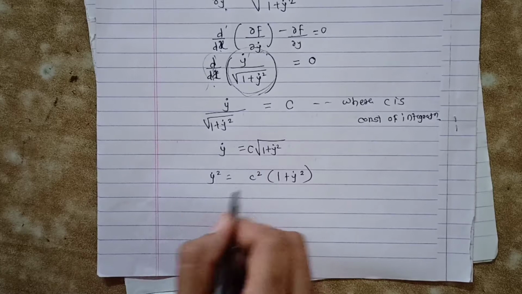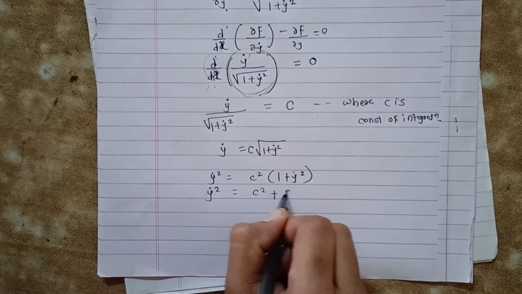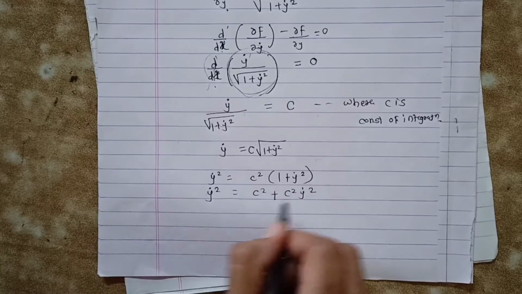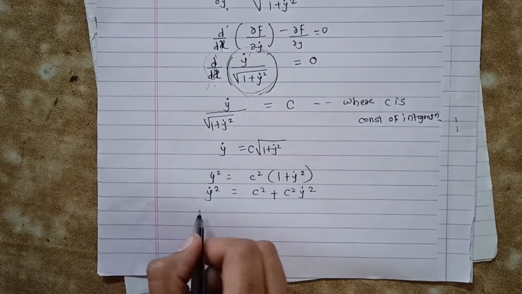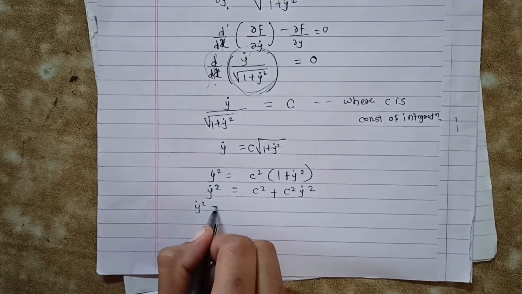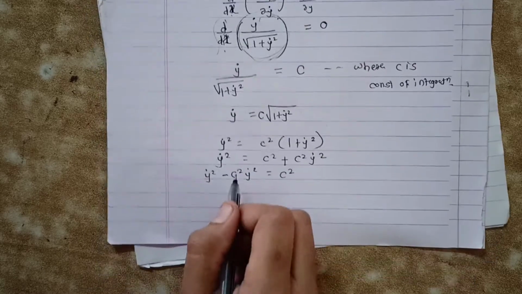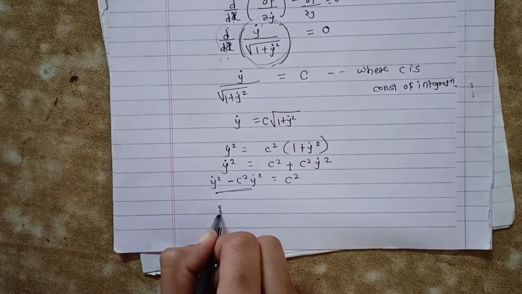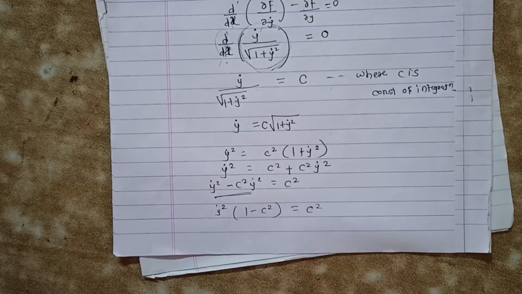Now simplify this equation, then we get y′ square is equal to c square plus c square y′ square. Here we take c square y′ square towards the left hand side, then we get y′ square minus c square y′ square is equal to c square. So we take y′ square common, then we get y′ square times (1 minus c square) is equal to c square.